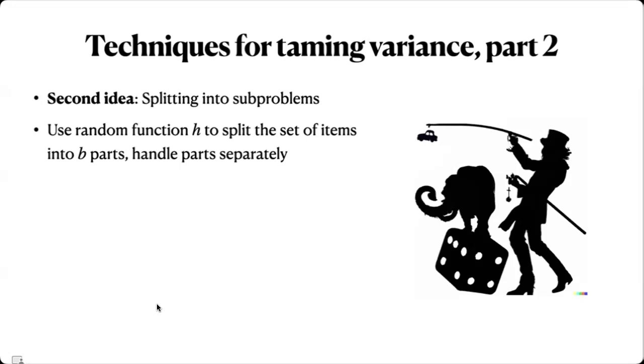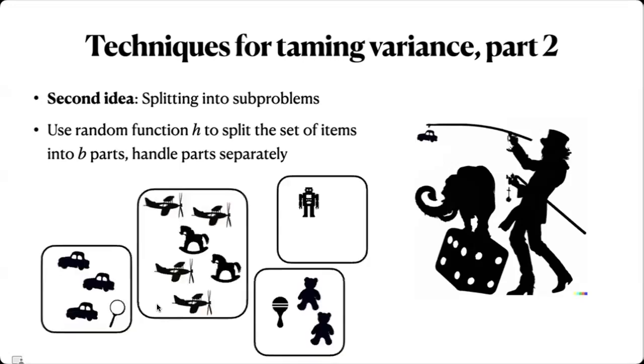In particular, we have a random hash function h that maps each item to one of b values. Depending on what value you hash to, you end up with one of these parts, which are then handled separately, for example, using a single counter.